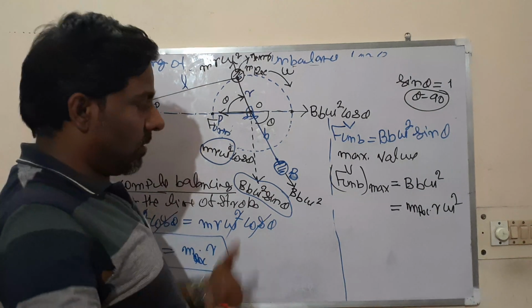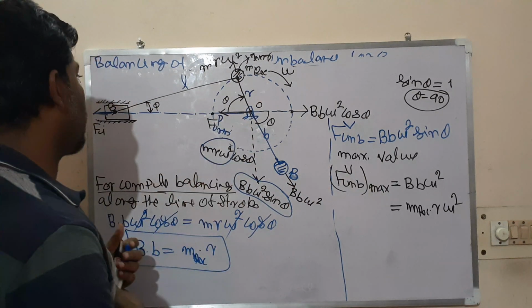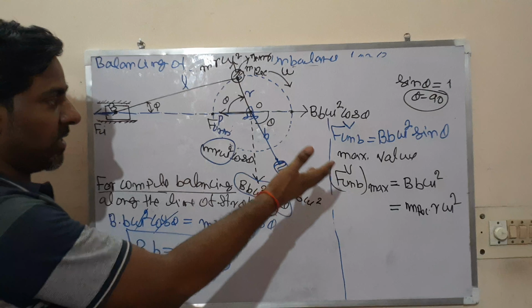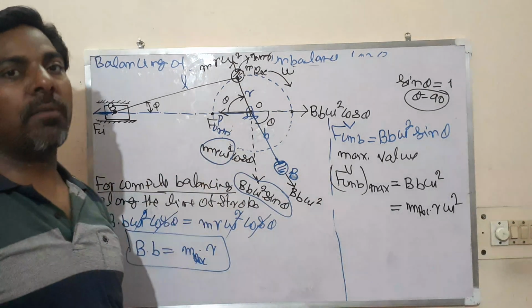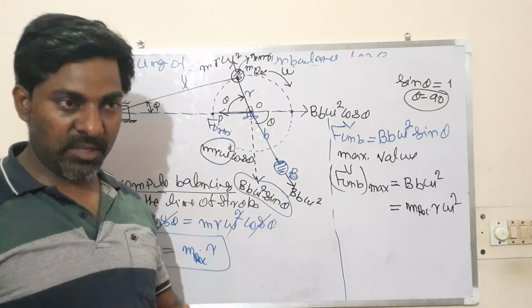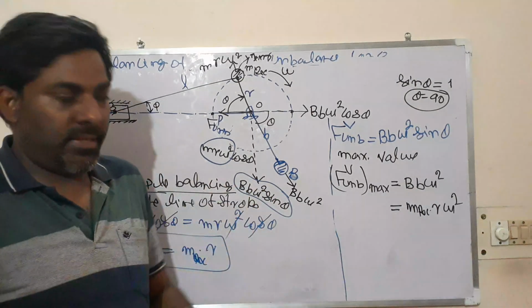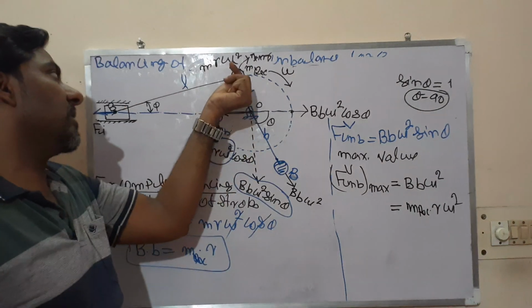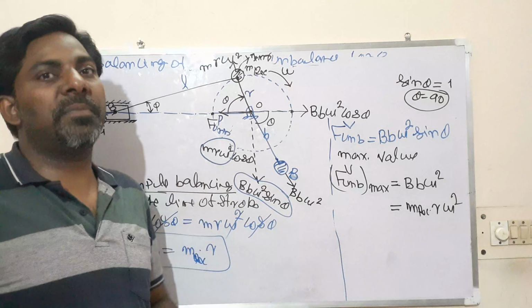So we have seen that the direction has changed, but the magnitude is the same. In the next lecture, I will do the partial balancing of the reciprocating IC engine. Partial means we will do a compromise. I will not balance the reciprocating part completely, just some of it.